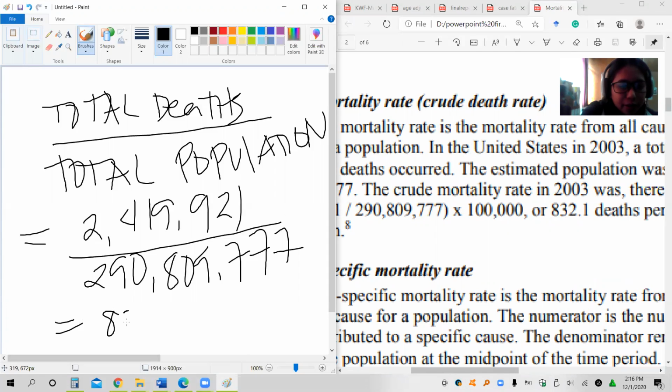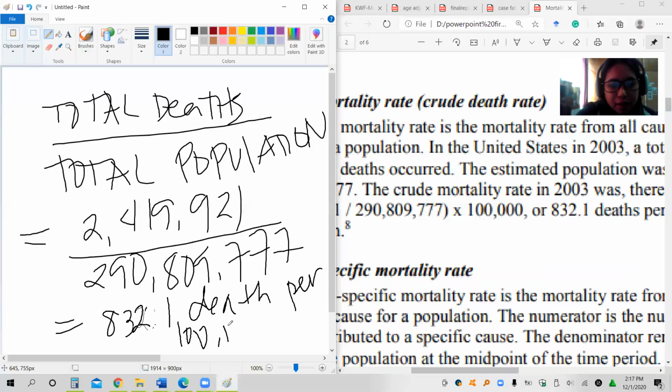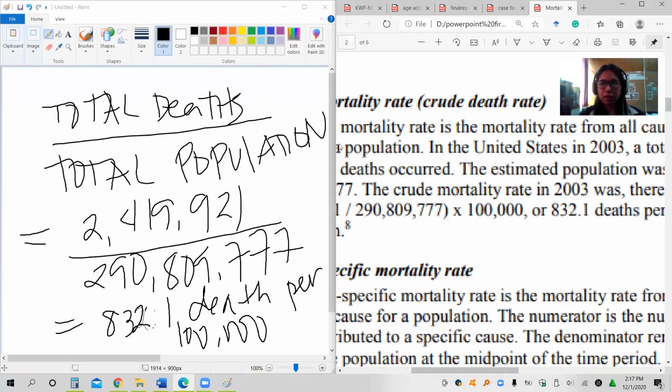So 832.13 deaths per 100,000 population. So this is how to compute for the crude death rate.